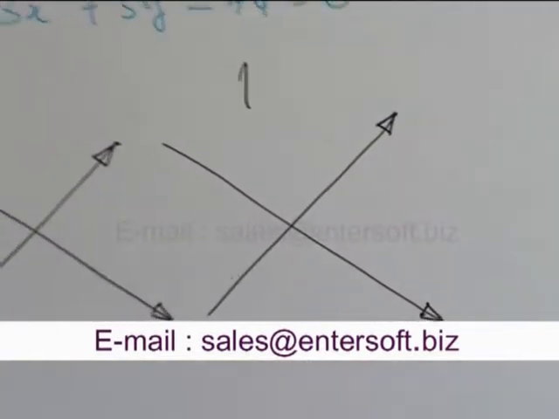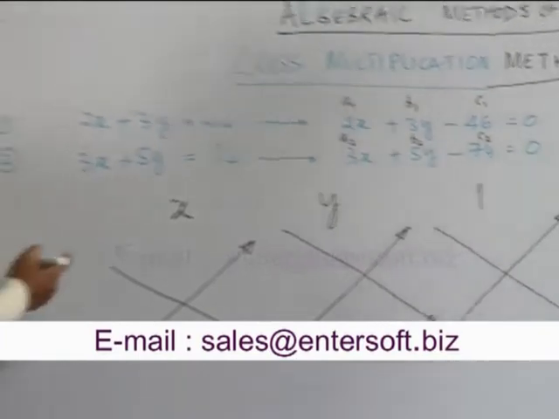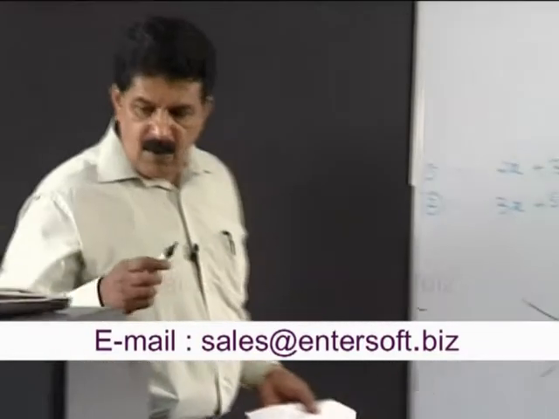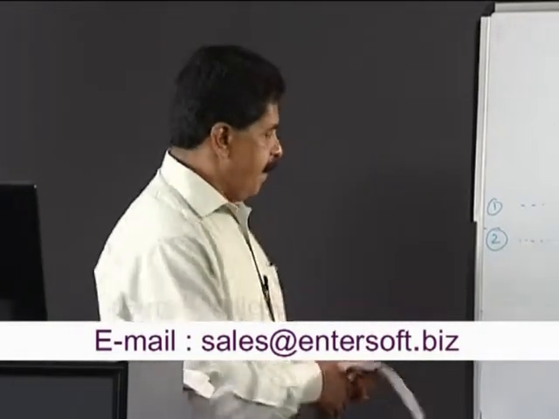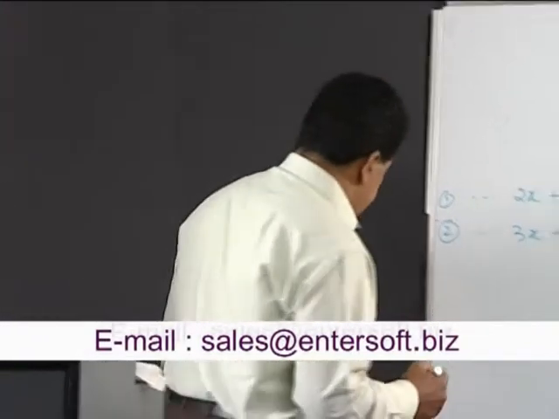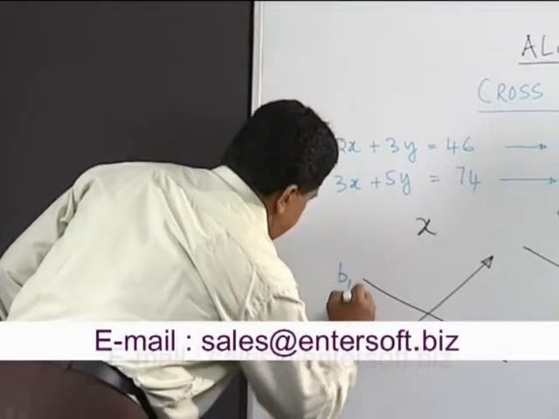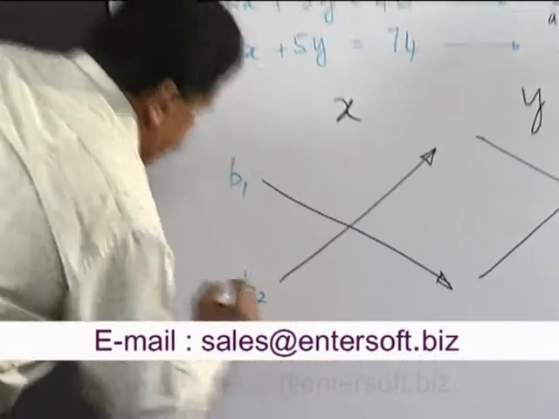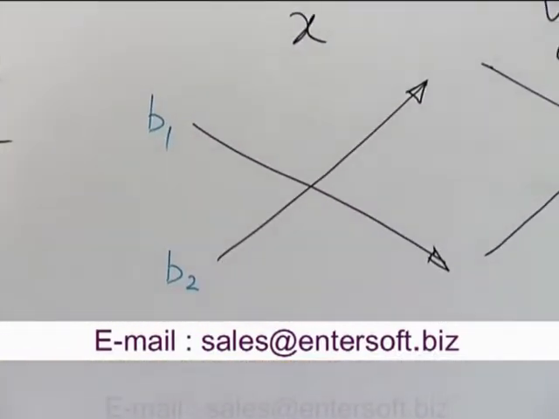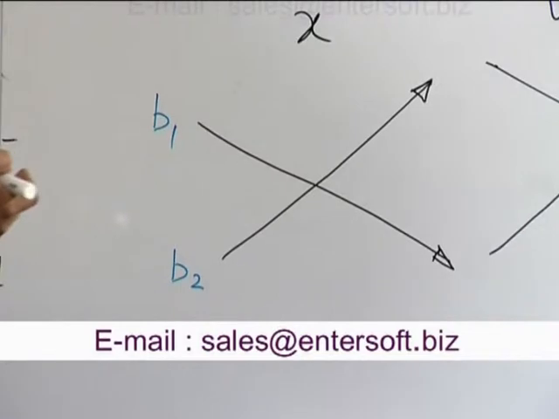Now let us start writing the coefficients here. Let me write this one as b1, b2. Now you may ask me a question, sir, why not a1, a2?